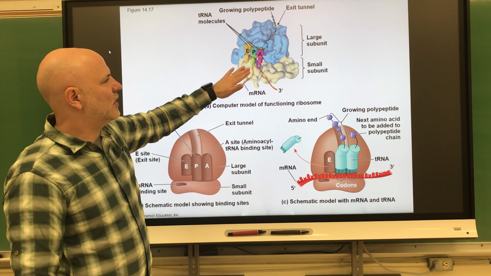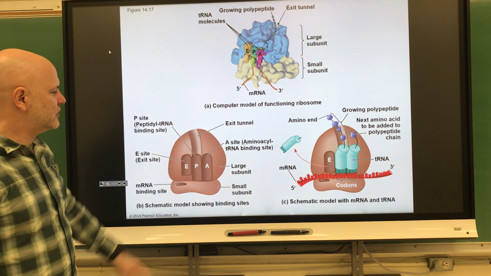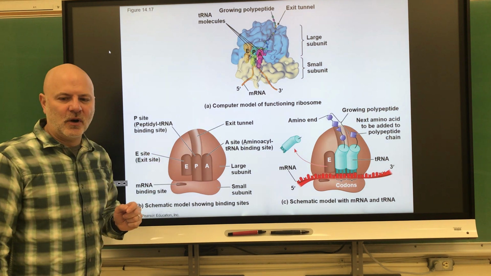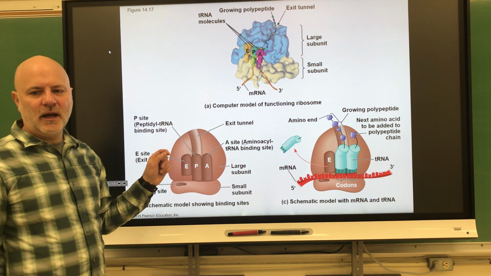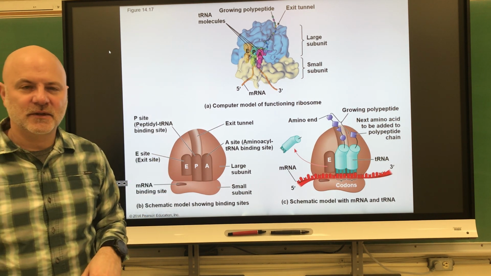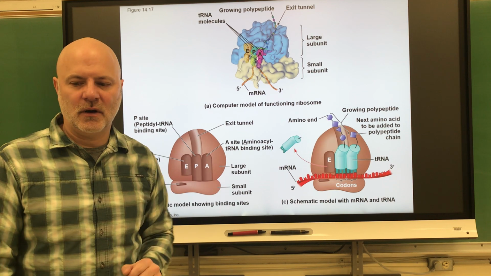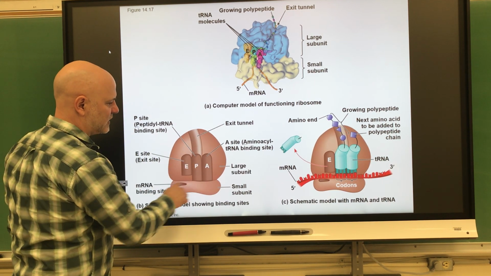Now let's take a look at ribosomal RNA. This is ribosomal RNA. This is a computer-generated model. This is a cartoon version. So ribosomal RNA, along with proteins, makes up the ribosome. Ribosomal RNA, also known as rRNA, is made of 2 subunits. We have a larger one and a smaller one.